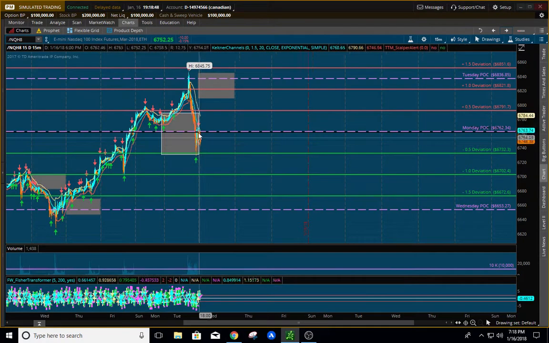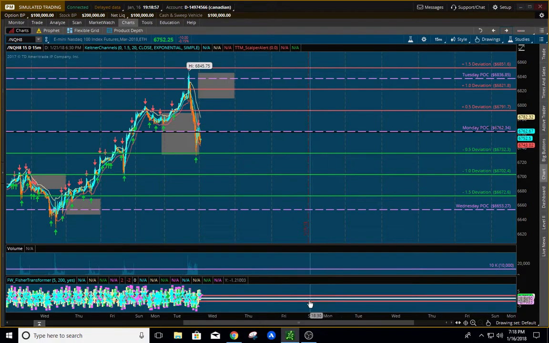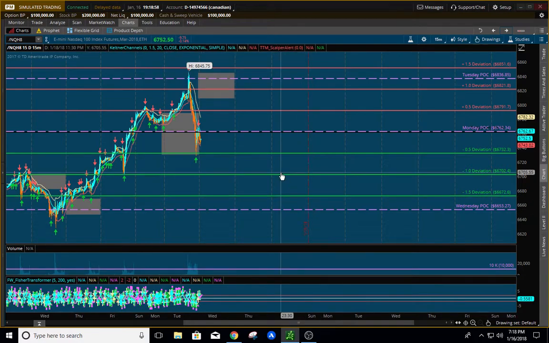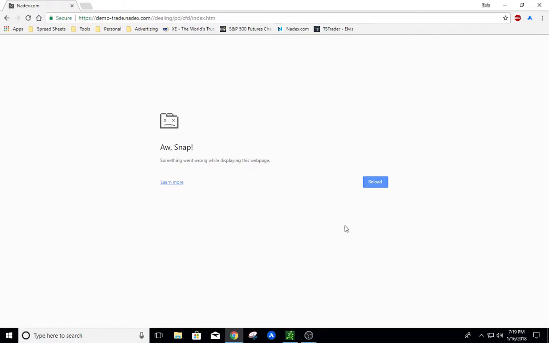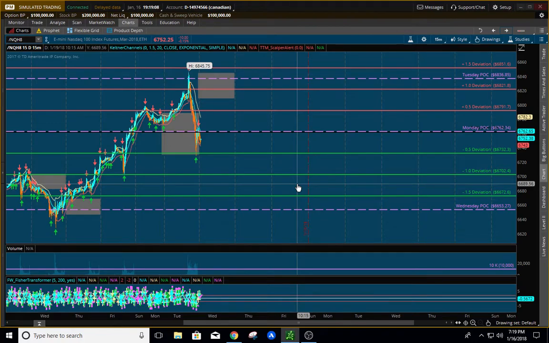So what we're looking for in this market is, if the market goes to the downside, we're looking to buy this 6702. 6702 isn't offered as a binary on the dailies so far on Nadex, so you would only be able to get this as an out-of-money trade at 6720 right now.